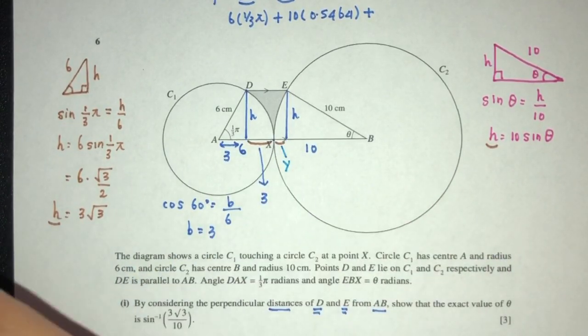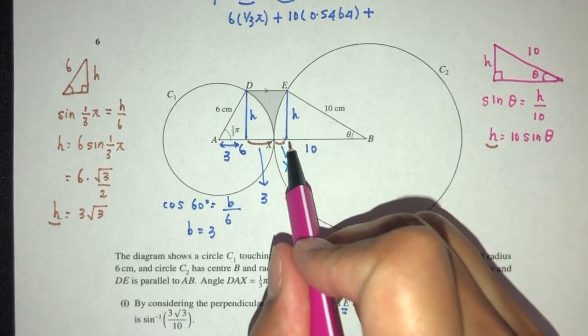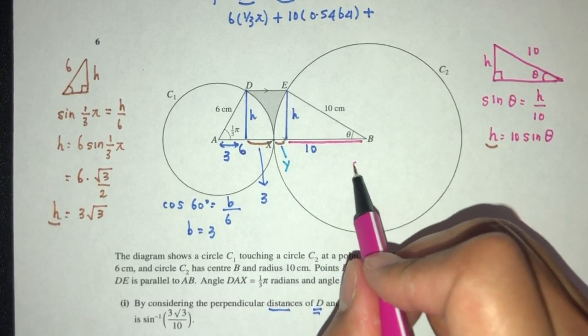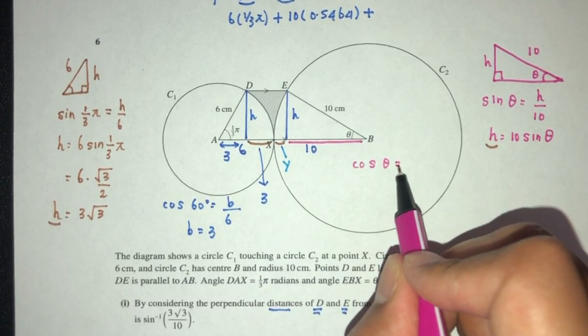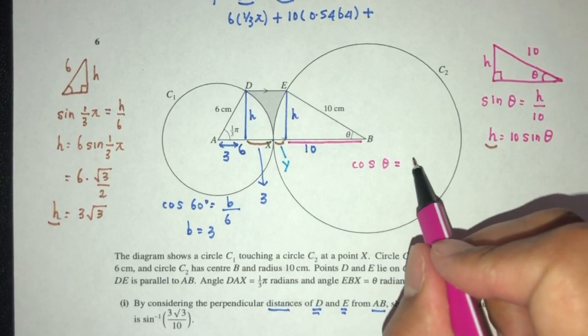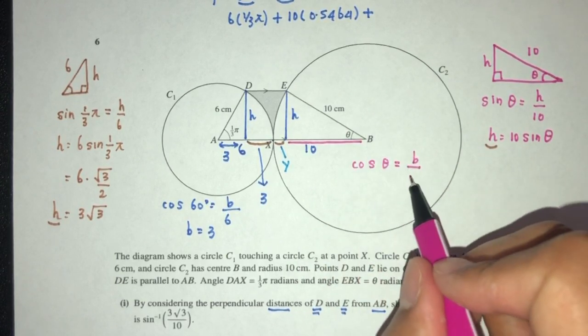Now we have to find this value, let's call this y. How would you find this value? Again, same concept. We know the whole thing is 10, we can find this one, take 10 minus this one to get this one. So again, cos of the angle will be this side, we call this base again, over 10.